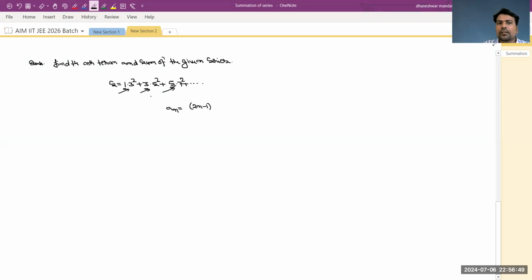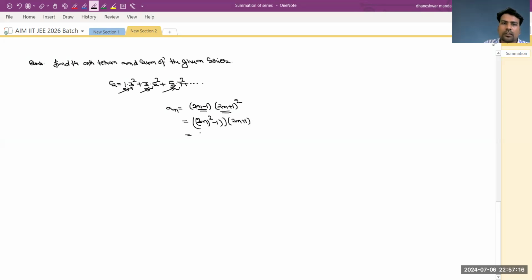If I take n equal to 1, then 1 is there. What is the difference between these two numbers? I think 2 is the difference. So here I can write 2n, then a plus b and a minus b, so (2n) whole square minus 1, and I multiply this by 2n plus 1.